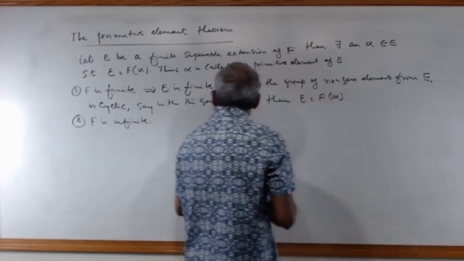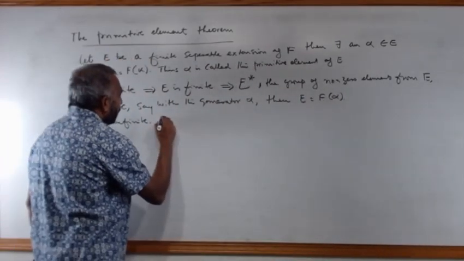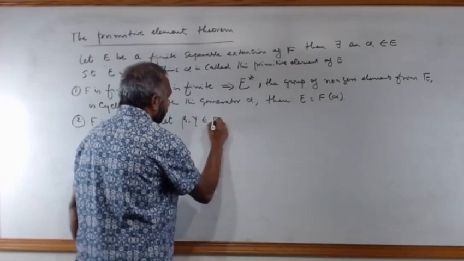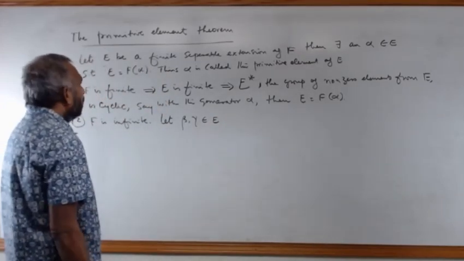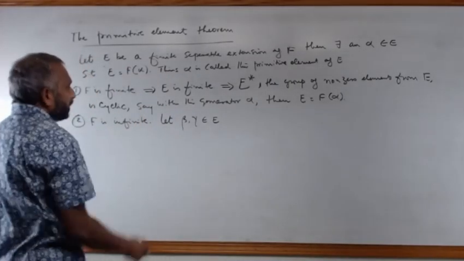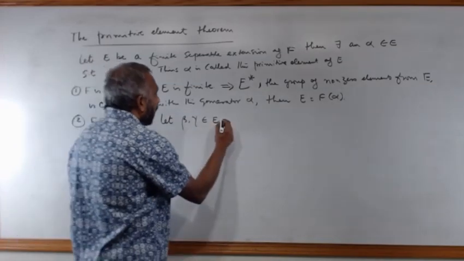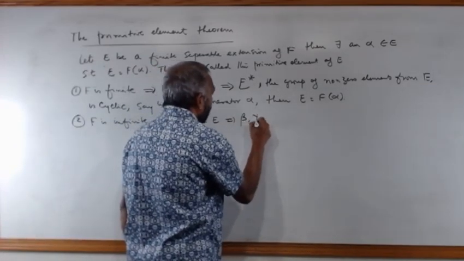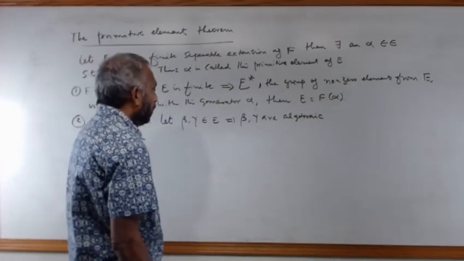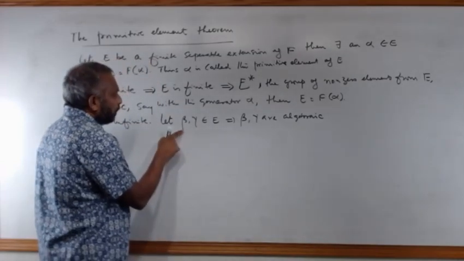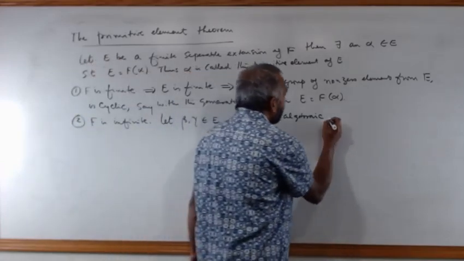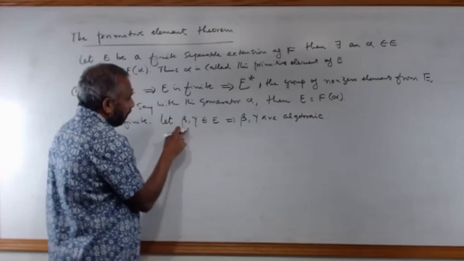So what we do is, let beta, gamma belong to E. Because E is separable and it's a finite extension, both beta and gamma are algebraic. So we have irreducible polynomials corresponding to these two, of finite degree.